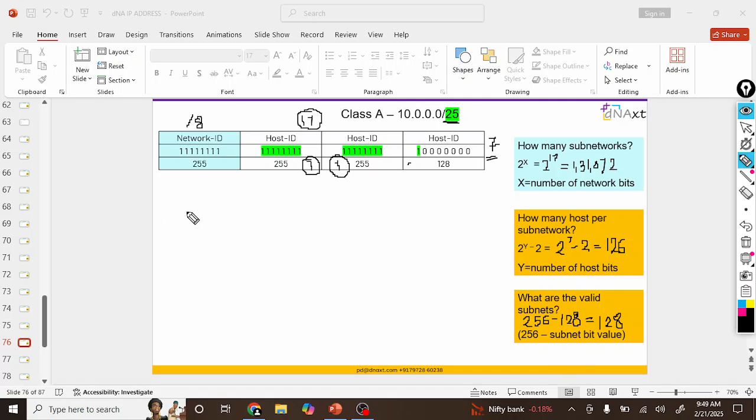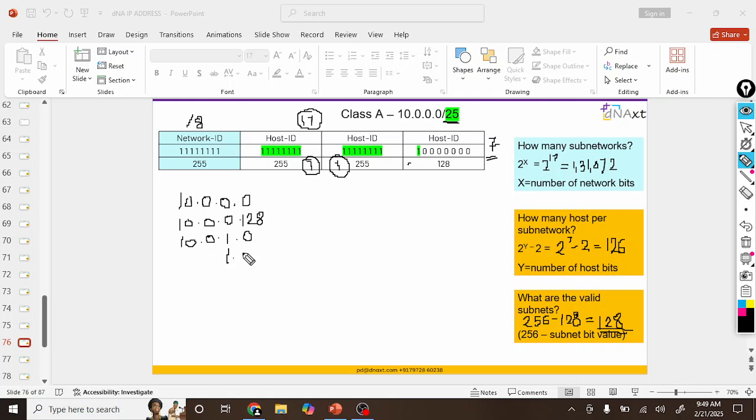Let's write down a few of the subnetworks. There are more than 1 lakh subnetworks over here, but let's see how they are formed. 10.0.0.0 slash 25, with an increment of 128 first of all in the fourth octet. We will go from right to left while incrementing. Next is 10.0.0.128. Now if you add 128 once again, it will become 256, which is not a valid number, so we increment the third octet.